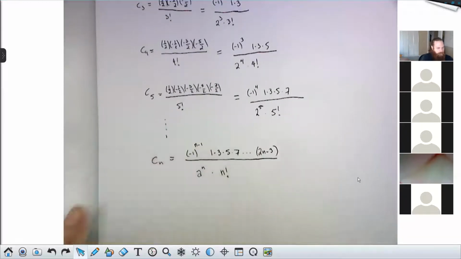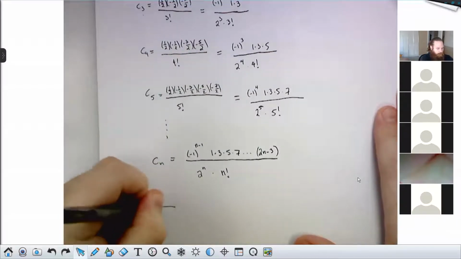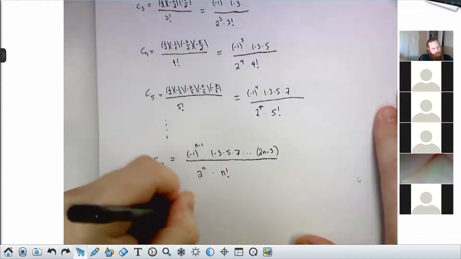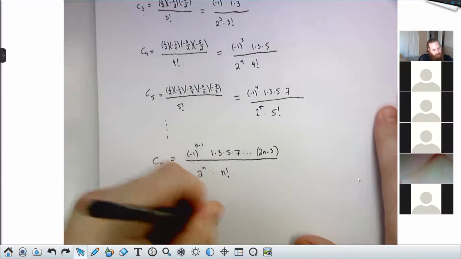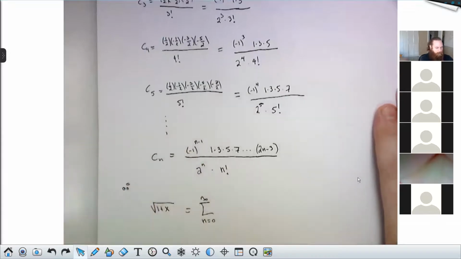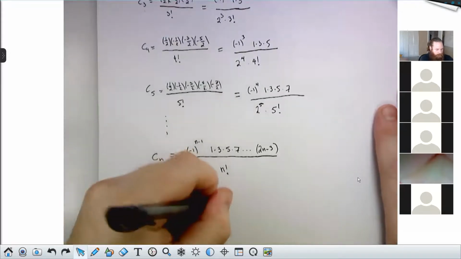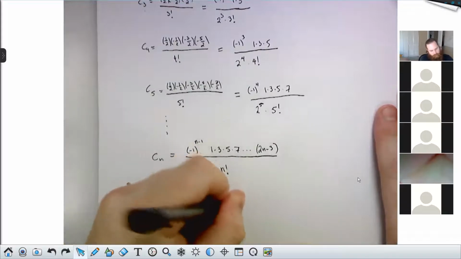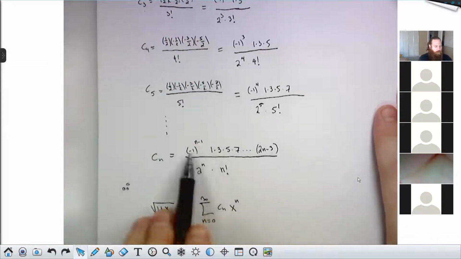Which means the square root of 1 plus x can be expanded as a power series, Cn x to the n like this, where these are the Cn's. The only catch is that this formula doesn't work if n is equal to 1.